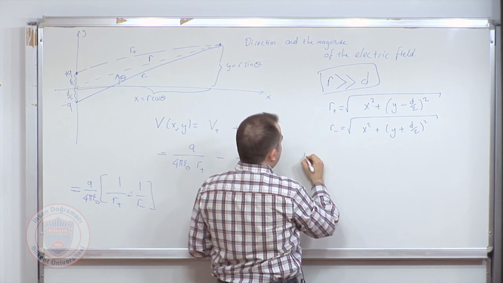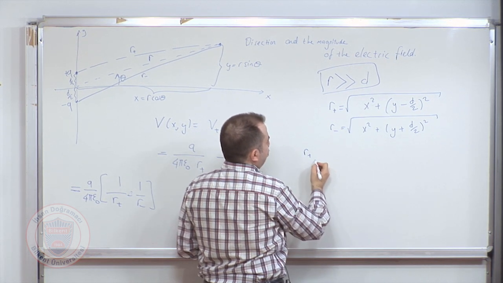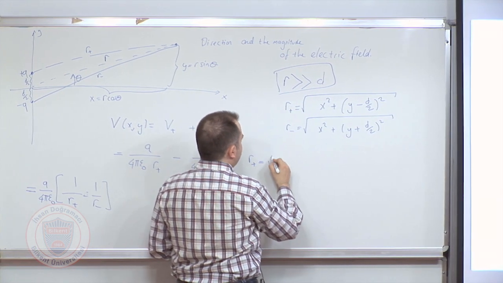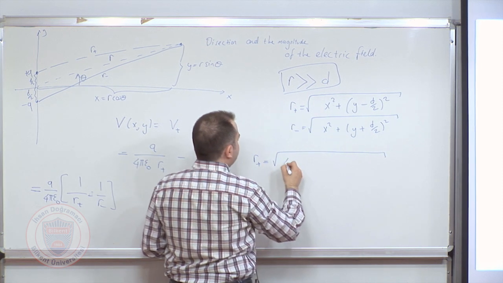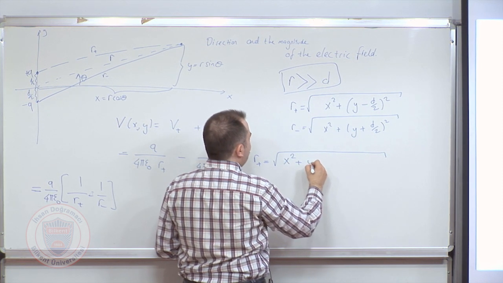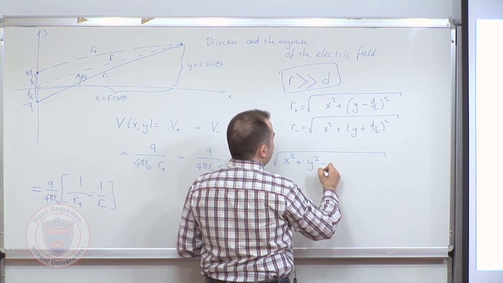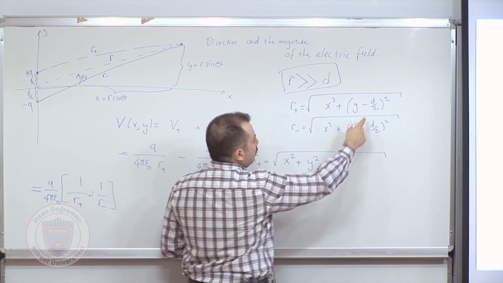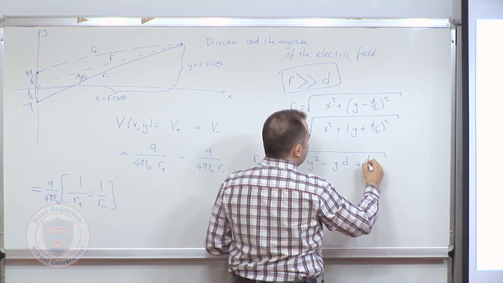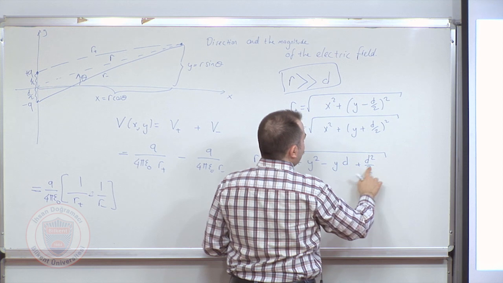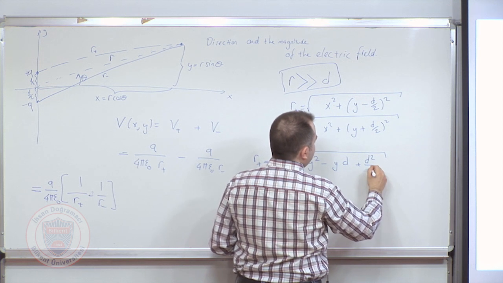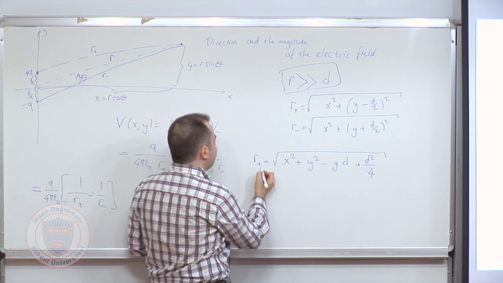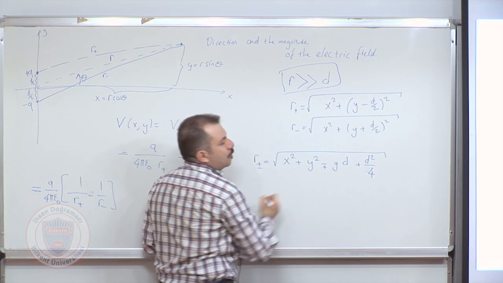Now, r plus is the square root of x square plus y square minus yd plus d square over 4. R minus would be the same thing with a plus sign here.